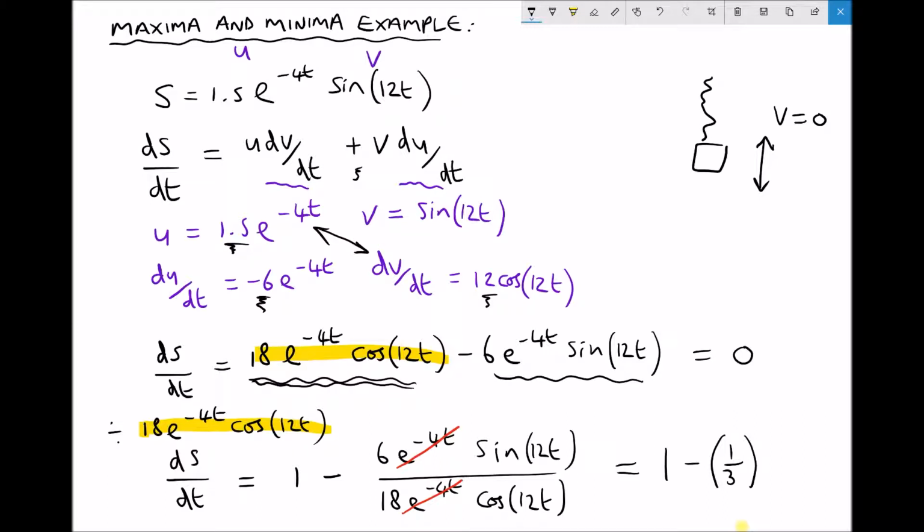And sine 12t over cos 12t is just tan 12t. So all I've done there is separate out our terms. 6 over 18 has become 1 over 3, and sine 12t over cos 12t has become tan 12t. Okay, I'm going to move that first order derivative to the top of the page, and then I'm going to clear some space.